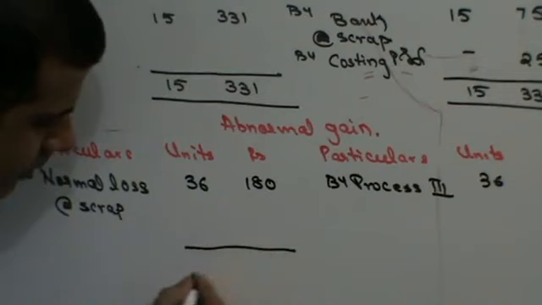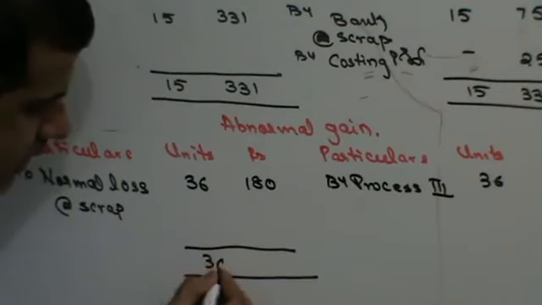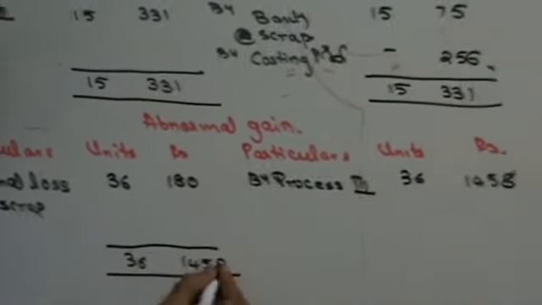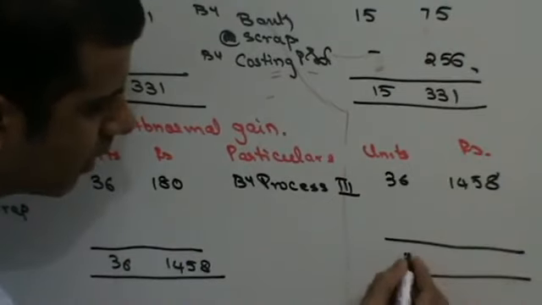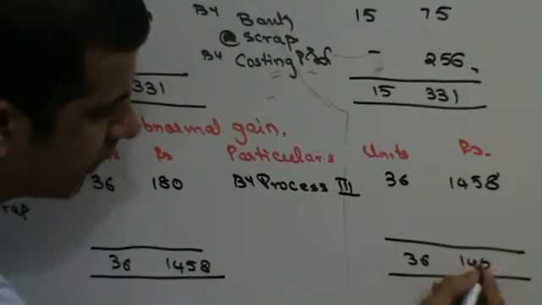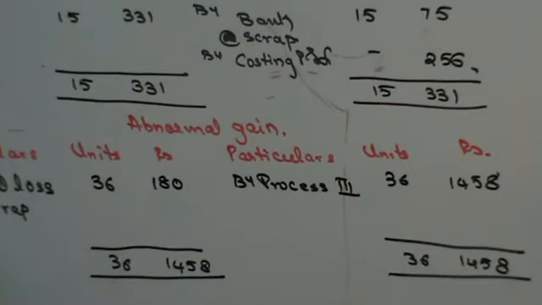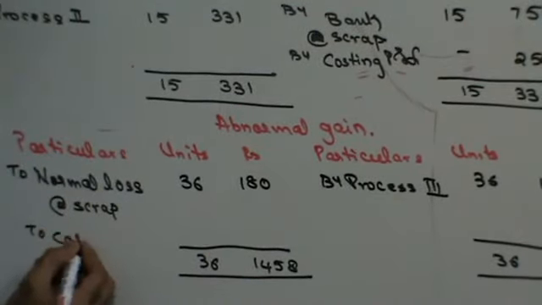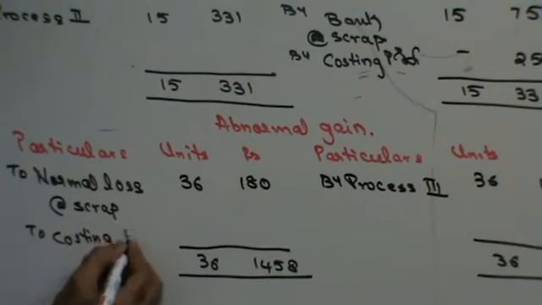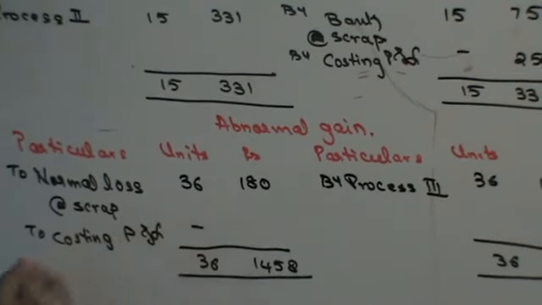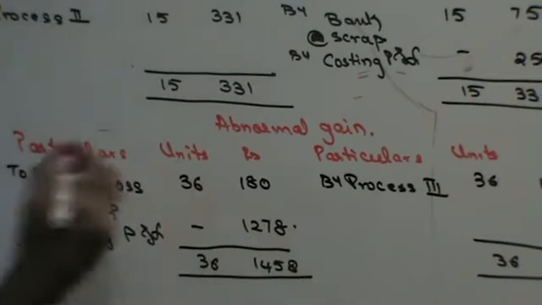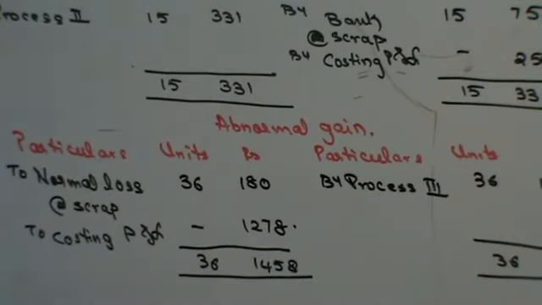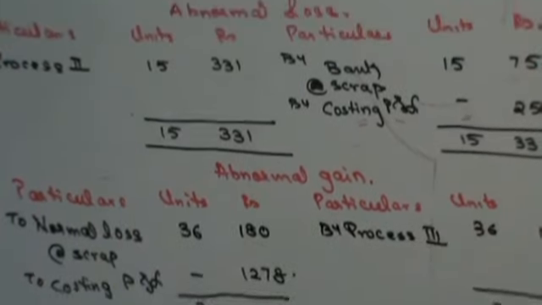Tally this. This is 36 and 1458. This is going to be to costing P&L. Nil, and this difference will be 1278. So that's how you make your abnormal loss and abnormal gain account.